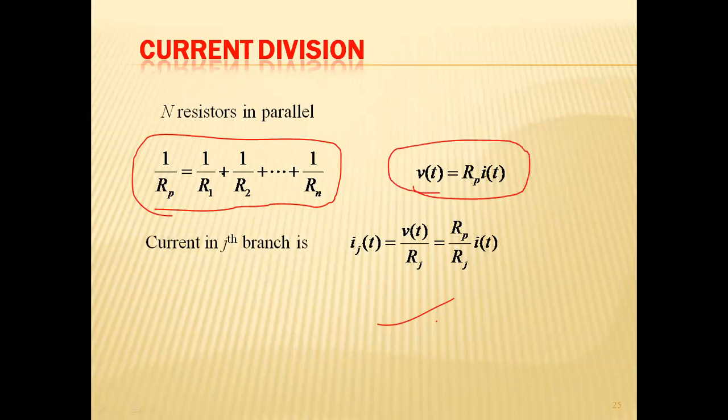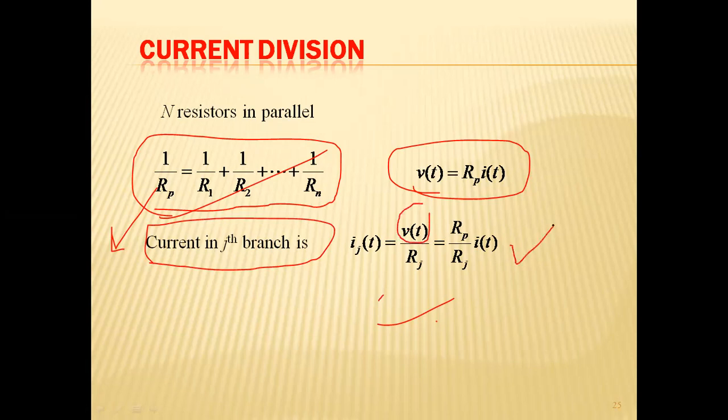Rn is the nth resistor and Rp is the total resistance. The current in the jth branch, which is any branch, is Ij of t, equal to V of t by Rj, equal to Rp by Rj times I of t. So this is the general current division expression for n number of resistors.